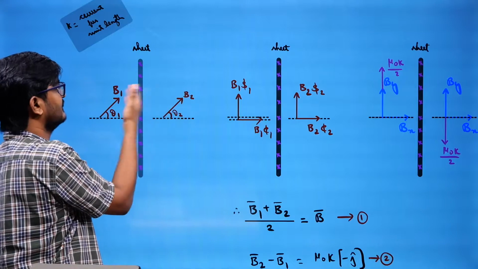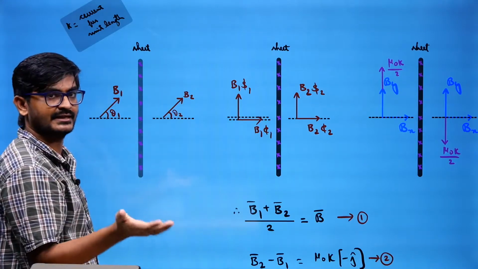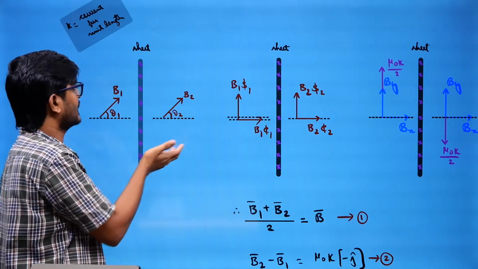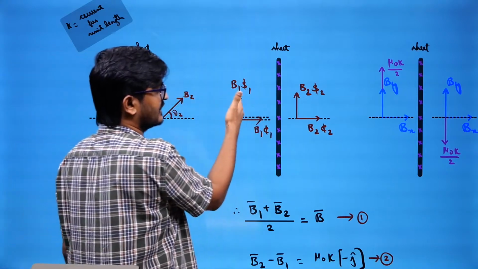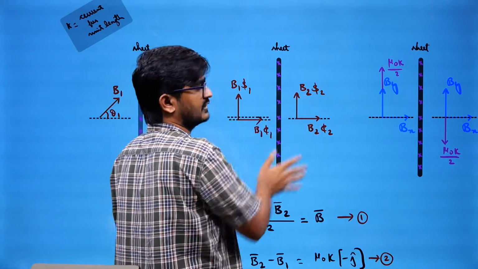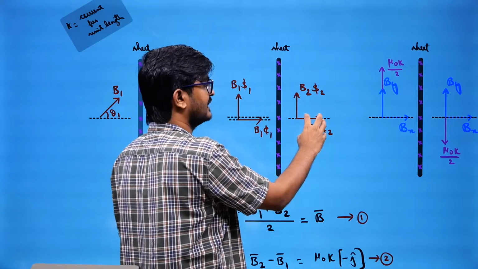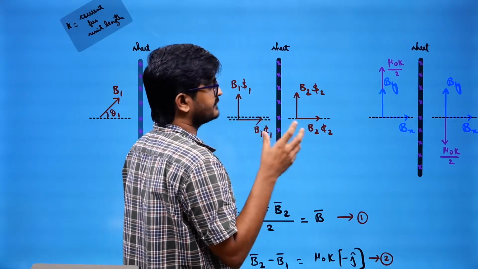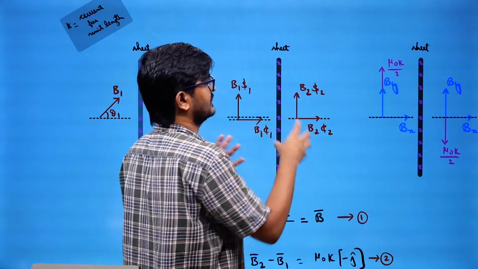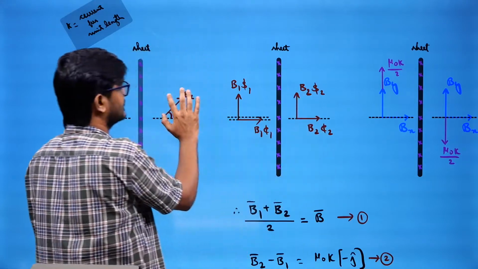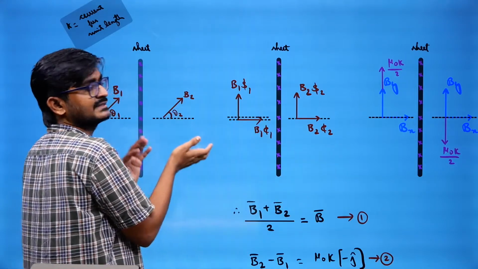Now what about this B1 and B2? This is the resultant of the external magnetic field and the field by the sheet itself. Now I am going to resolve into horizontal and vertical components. This is not so important, but this horizontal component consists of its own magnetic field plus the external magnetic field.